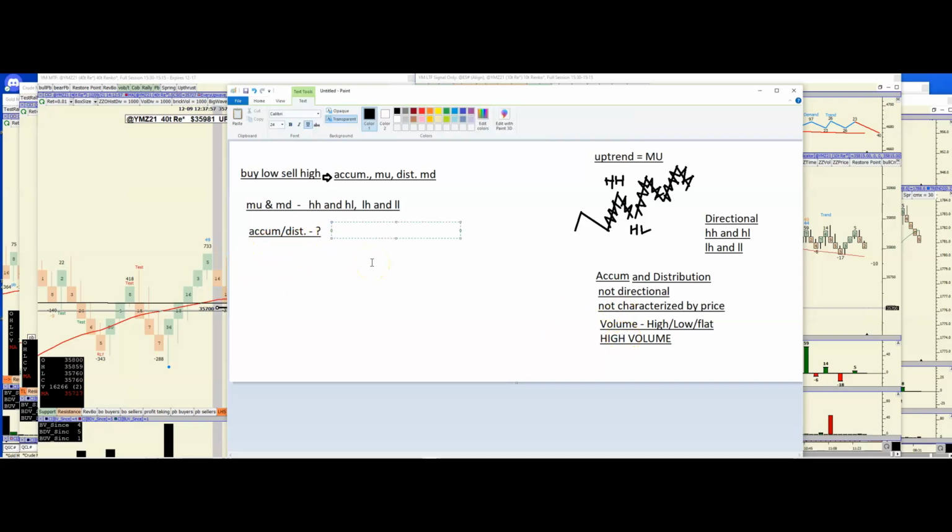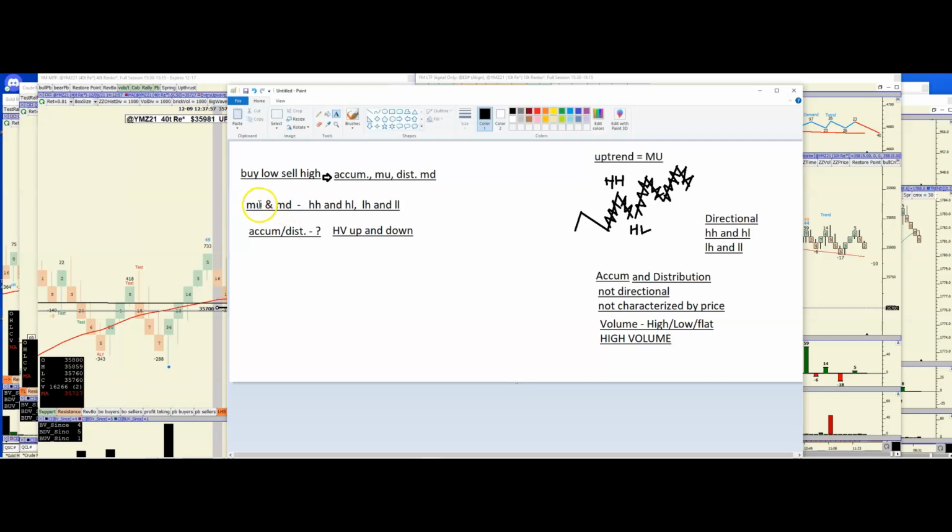So since it's non-directional, and I've established it's high volume up and high volume down, just like markup has higher high and higher low, and markdown has lower high and lower low, accumulation has high volume up and high volume down. Distribution has high volume up and high volume down.